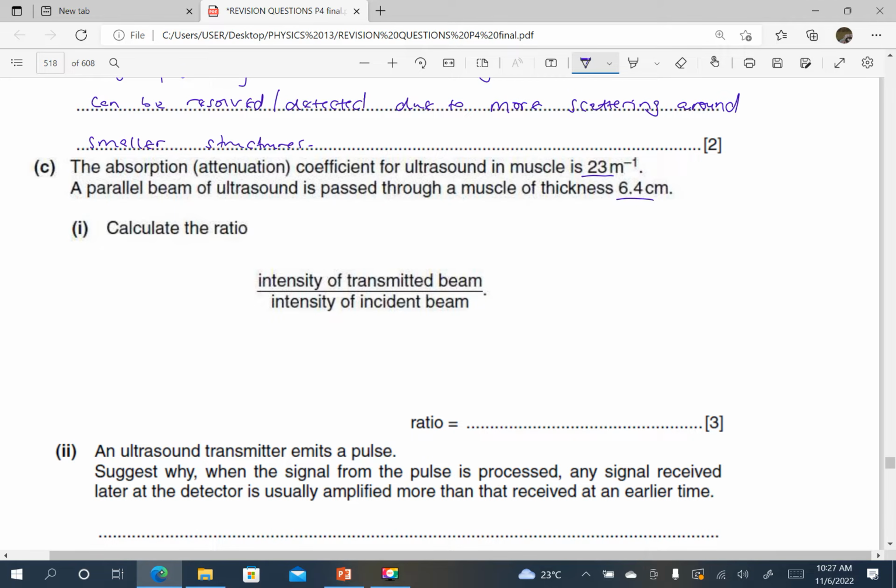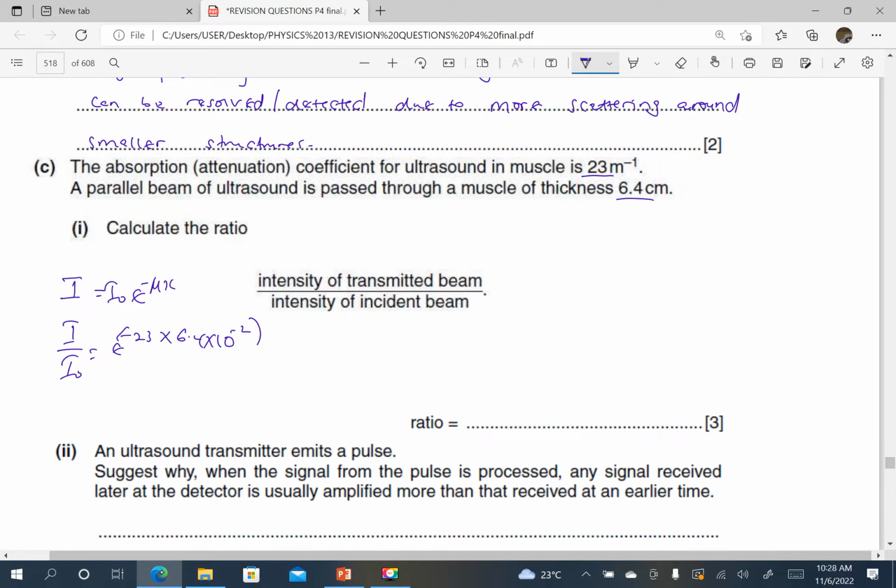So we have said for transmission, the intensity transmitted is equal to the incident intensity times e power negative mu x. And we want the ratio I over I naught, which will be e power negative mu, which is 24, and x has been given as 6.4 times 10 power negative 2.